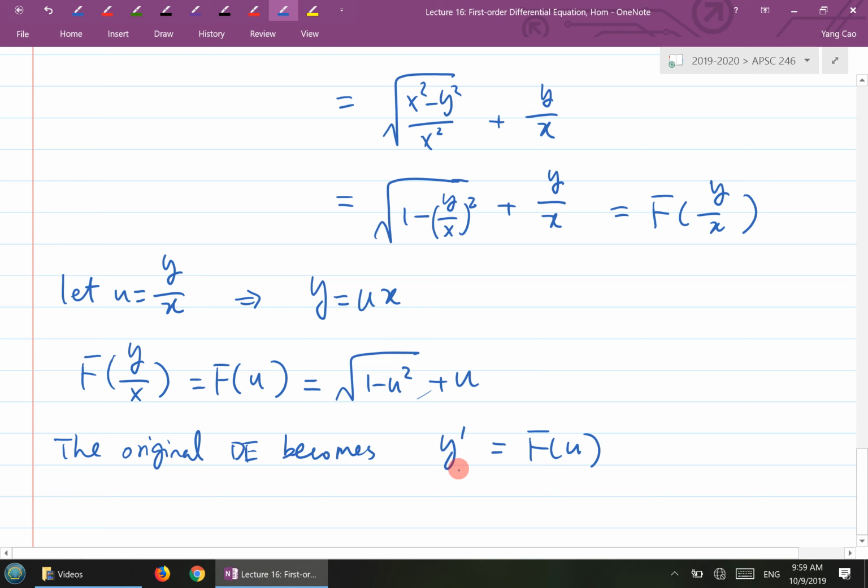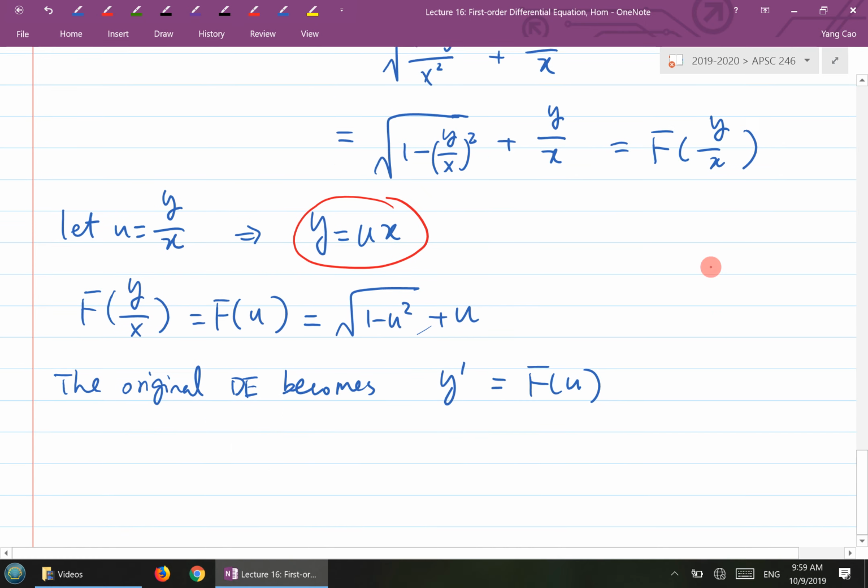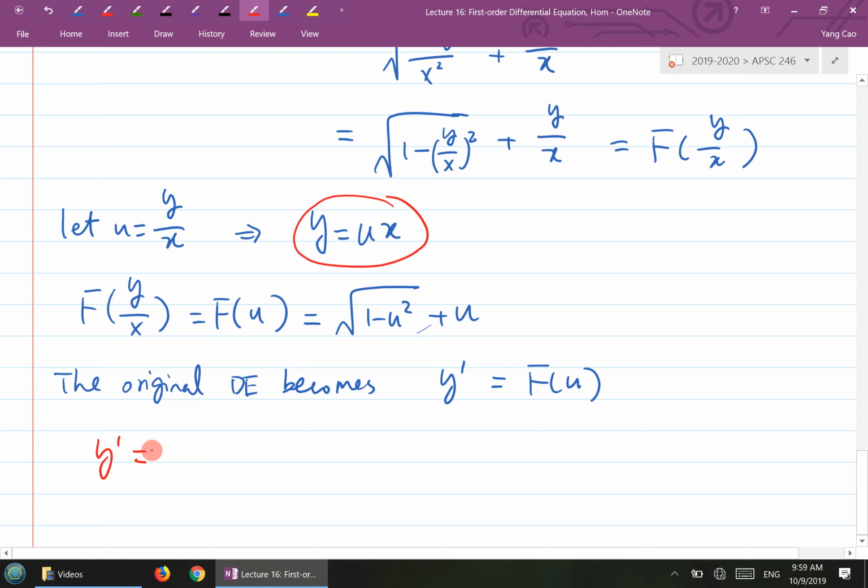So then what is y prime, right? For y prime, we will use the relationship between y and u and x, because you introduced u equal to y over x. So we use this relationship for the y prime. So y prime here is product rule: u prime x plus u x prime, and you get a u, right?